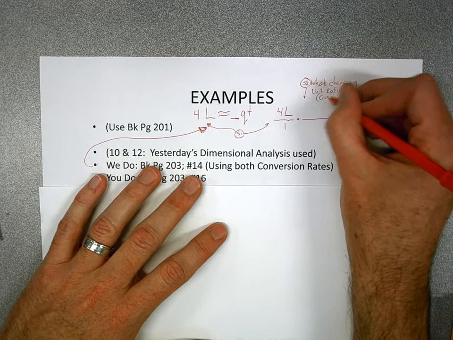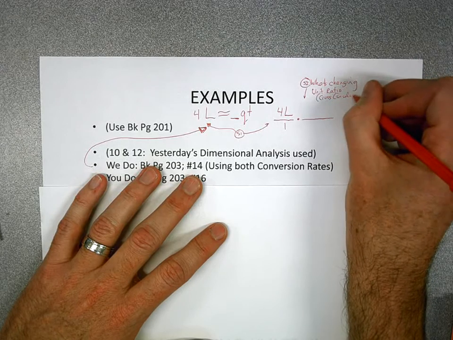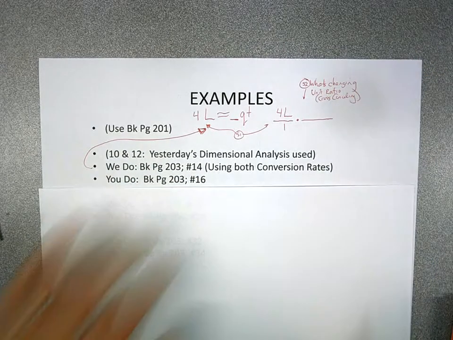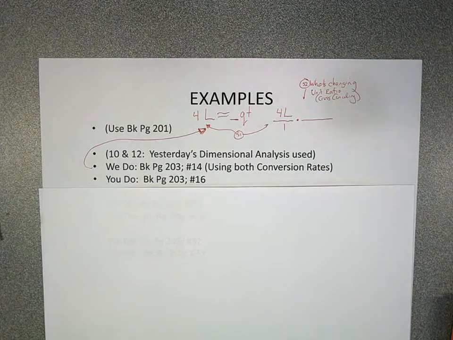That's our whole goal here. So let's go ahead and if we take a look on page 201, liters to quarts. It's under capacity, right? Because we're not talking about length or mass or weight. We're talking about capacity.